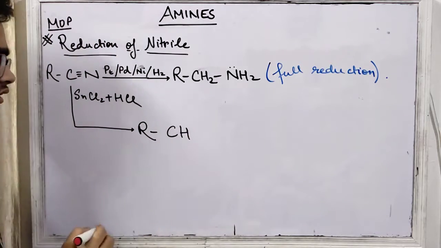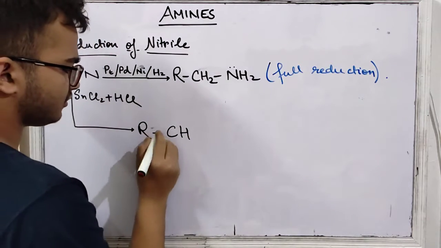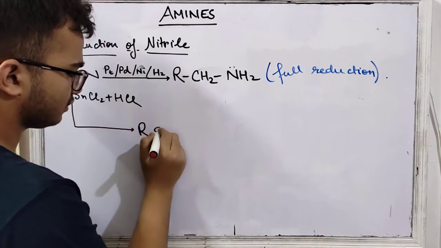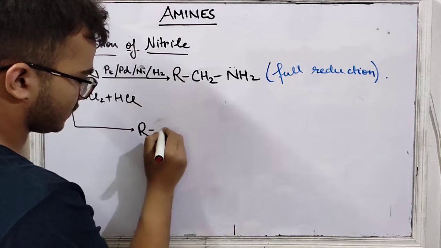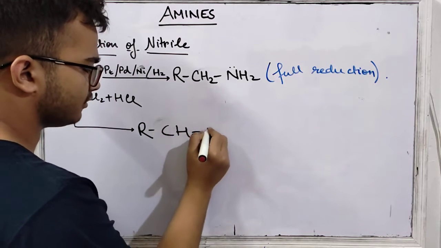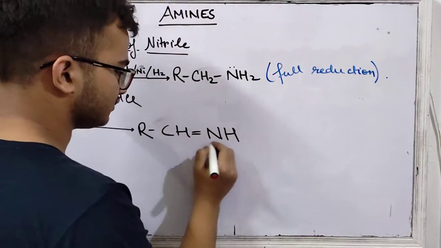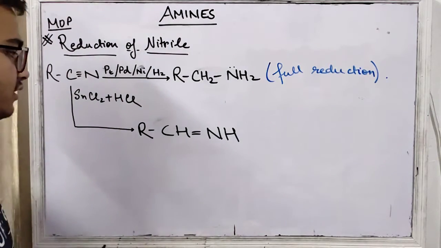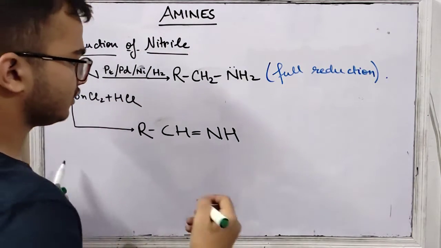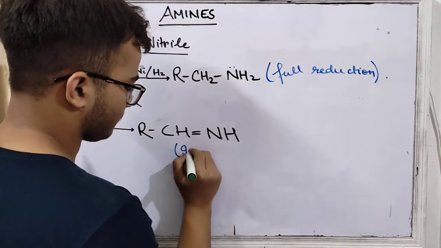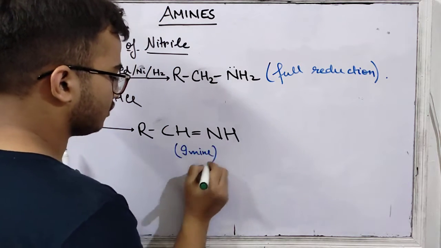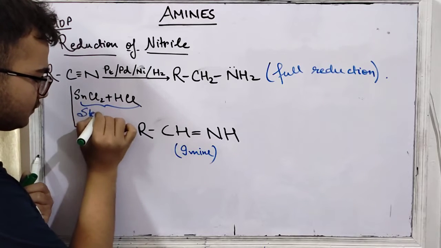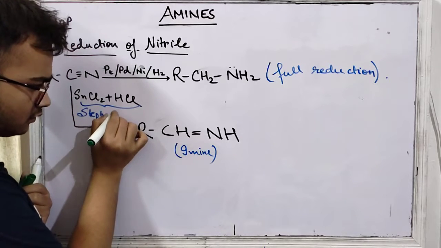You have to remember the structure, which is RCH double bonded NH. This is called imine. And this is called Stephen reagent.